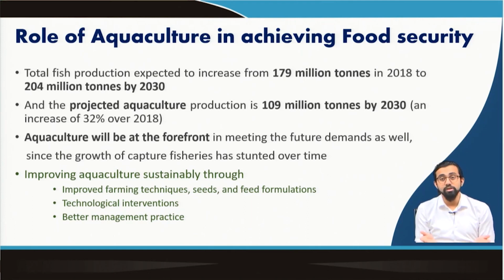Because another reason, as I discussed, is that the growth of capture fisheries has stunted over time. It has a capacity, a limitation, and it cannot go beyond that. Improving aquaculture sustainably is possible through what? Definitely through improved farming techniques. We can improve the seed quality, the breeding technology, and the feed that we are supplying.